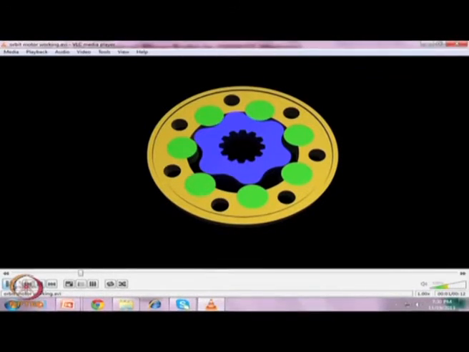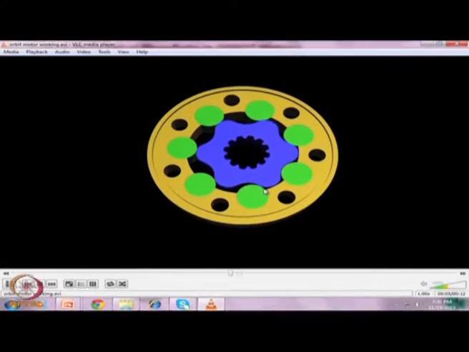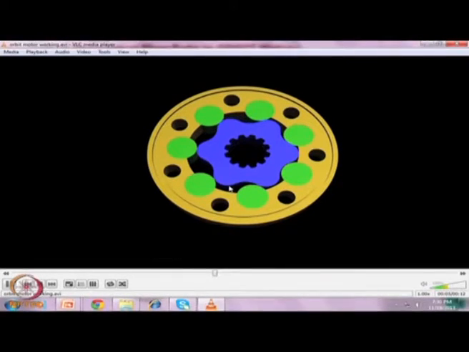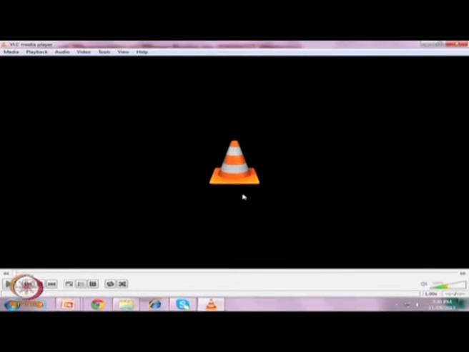You can see this is already at bottom dead center, and after a slight rotation this becomes top dead center. This angle can easily be calculated from the analysis of the phases of such an orbit motor.